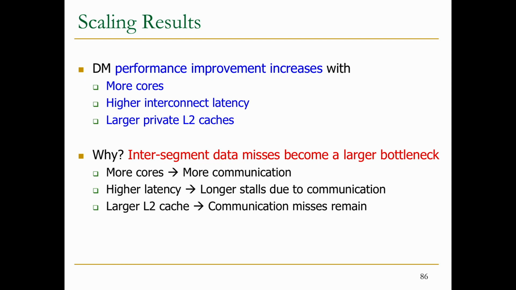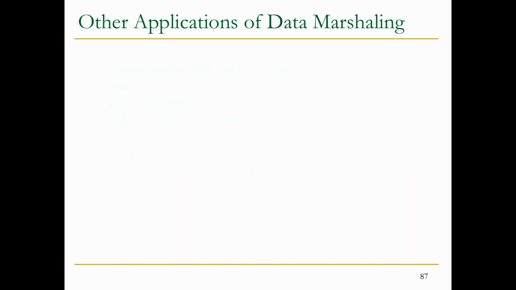And as you make your cache larger and larger, you're going to get rid of misses that are locality misses, and these misses will be the bigger bottleneck. So you can argue that I don't like having large caches in general because I think that's not a great way. But even if you have large caches, these communication misses remain. Caching cannot capture it.